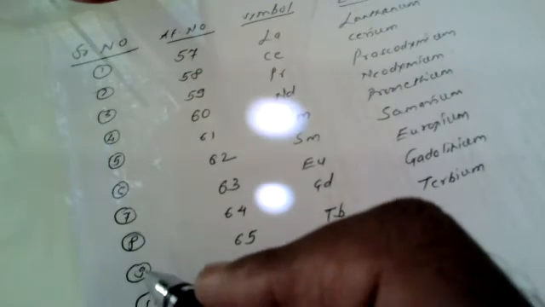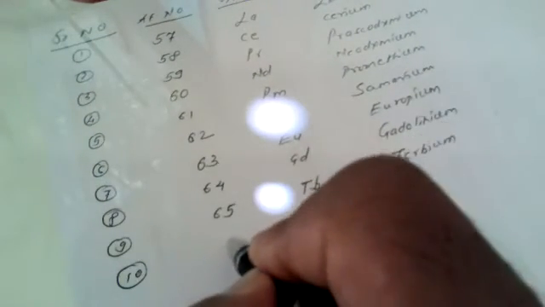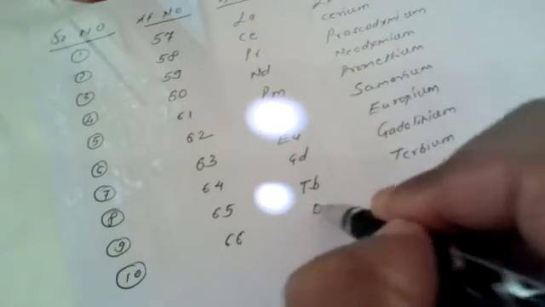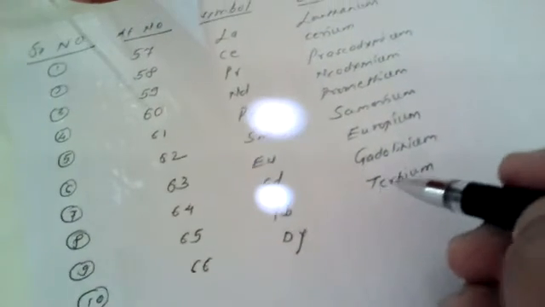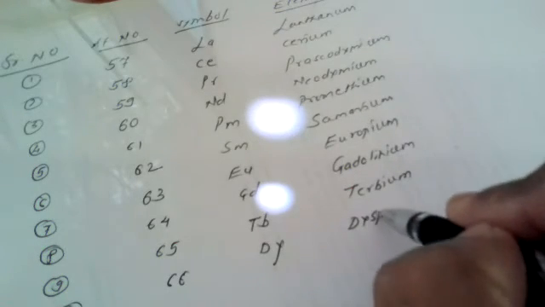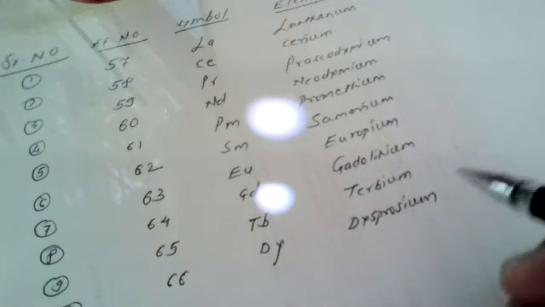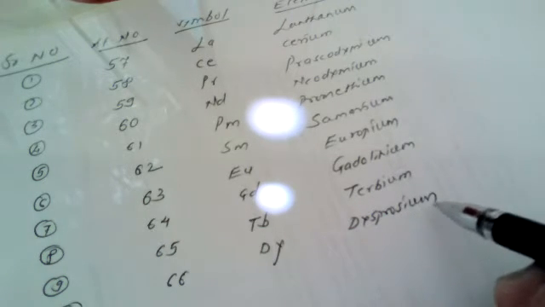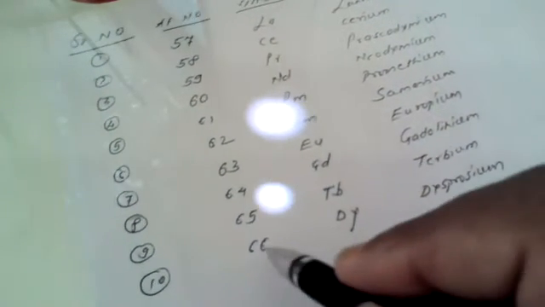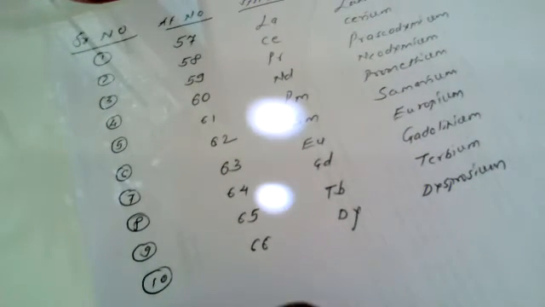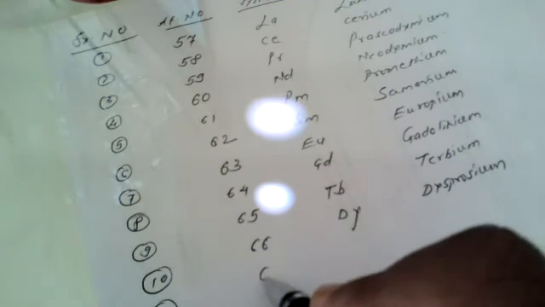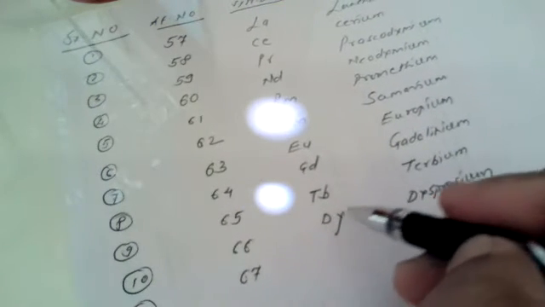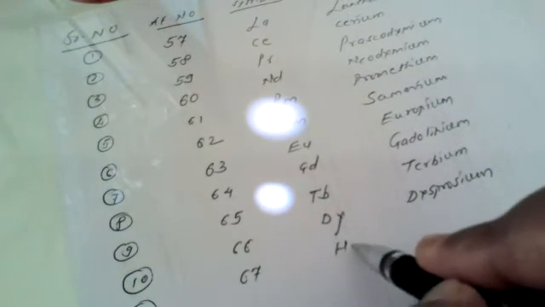Then serial number 10, atomic number 66. Symbol is Dy. Name of the element is dysprosium. Then the 11th member having atomic number 67 is Ho, H capital, O small.